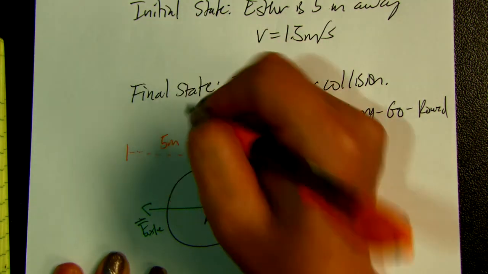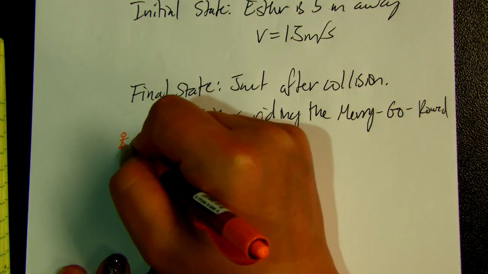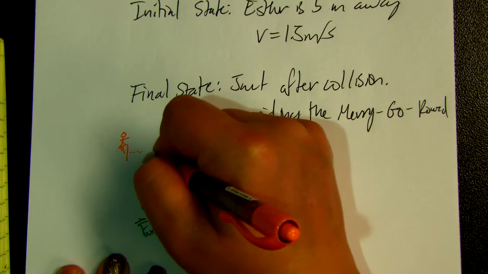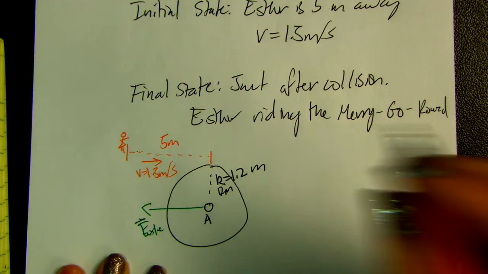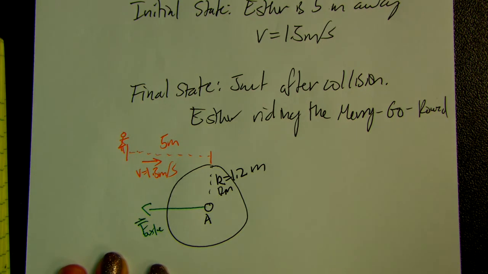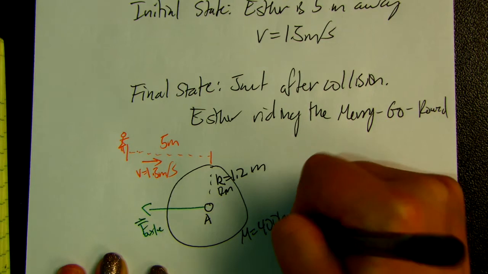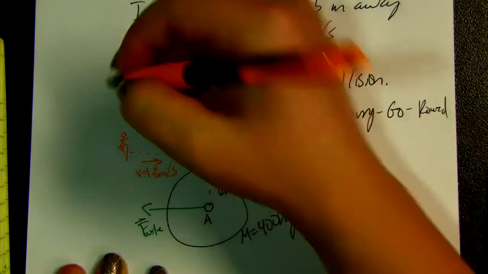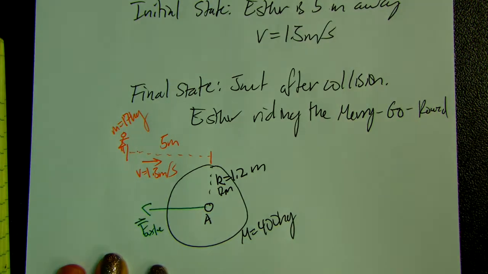This is 5 meters. This is where she starts. And we've got a velocity of 1.5 meters per second. If we recall, this mass is equal to 400 kilograms, and Esther's mass is 17 kilograms.